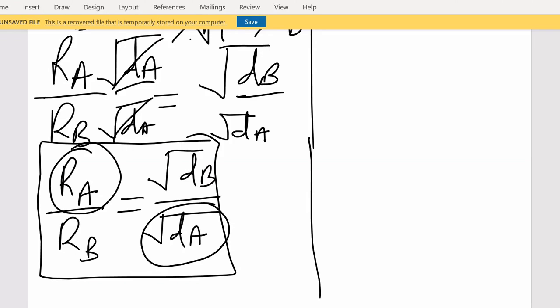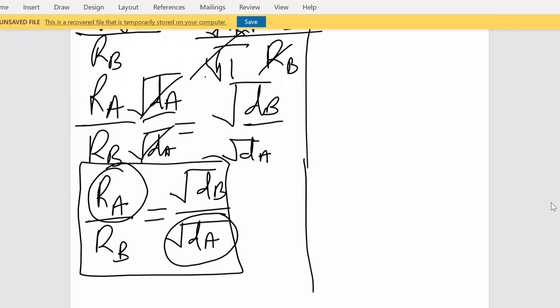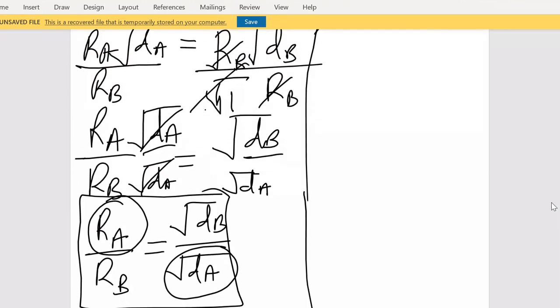So, can we make this law, Graham's law of diffusion, or can we compare the rate of diffusion with molecular mass?